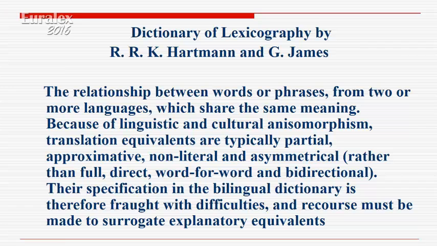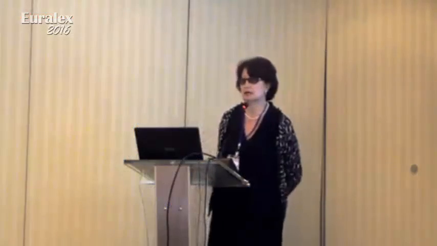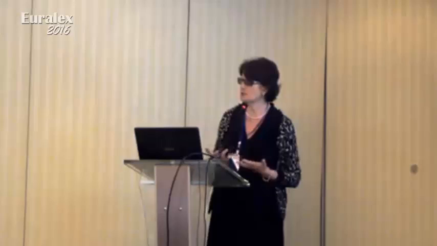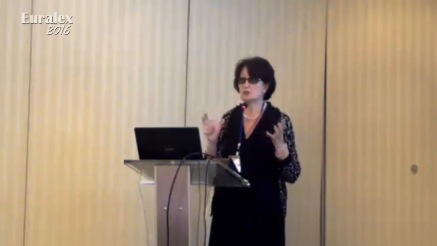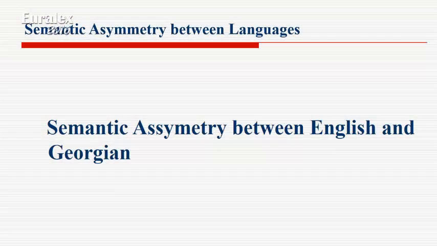Because of linguistic and cultural anisomorphism, translation equivalents are typically partial, approximative, non-literal, and asymmetrical, rather than full, direct, word-for-word, and bidirectional. Their specification in the bilingual dictionary is therefore fraught with difficulties, and recourse must be made to surrogate explanatory equivalence. I don't know how better this problem can be expressed in just one short citation.